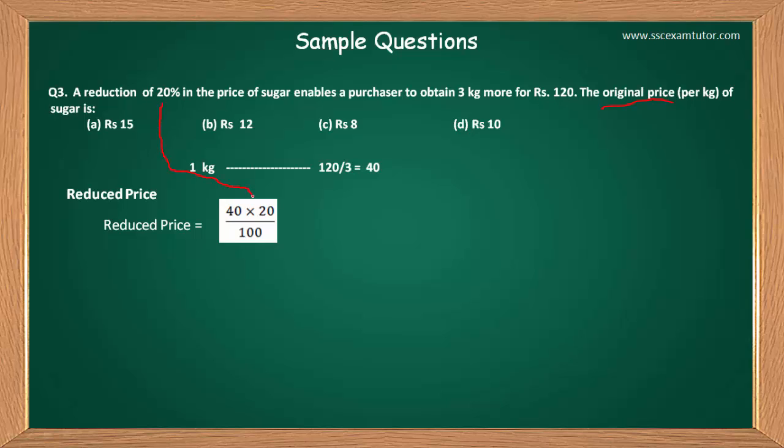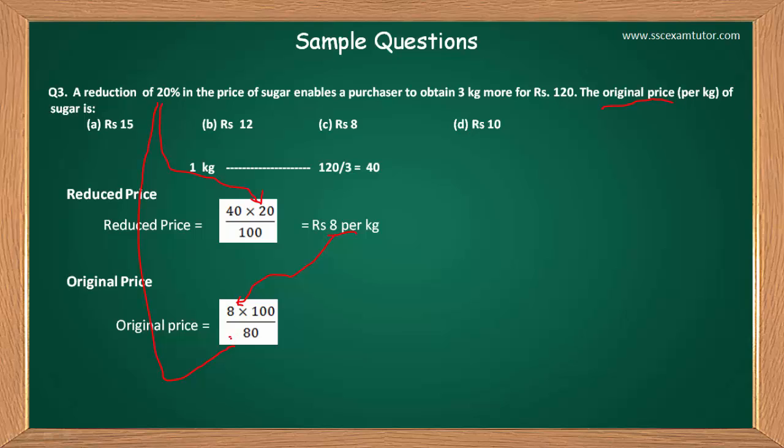Again I am using this 20. In order to find original price you will have to use this reduced price. So this is what I have used, and why I have used 80. I think you should have understood this, because it says reduction of 20.